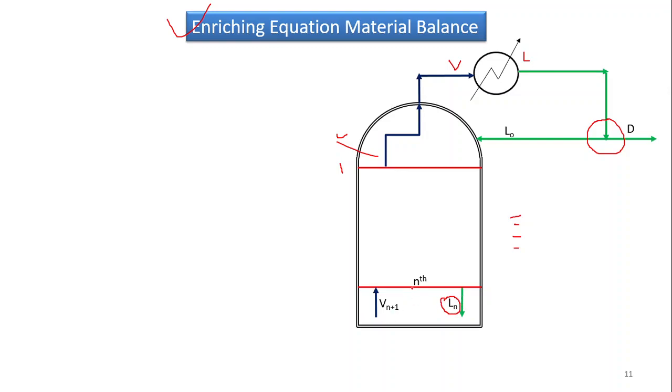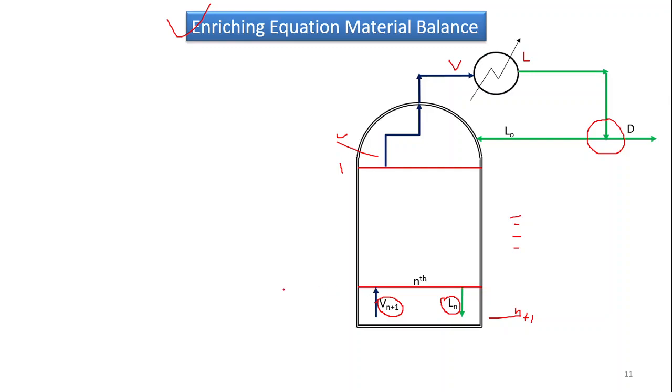After the nth tray, the next tray will be named n plus 1. Any vapor that is leaving the n plus 1 tray and entering the nth tray will be called Vn plus 1.